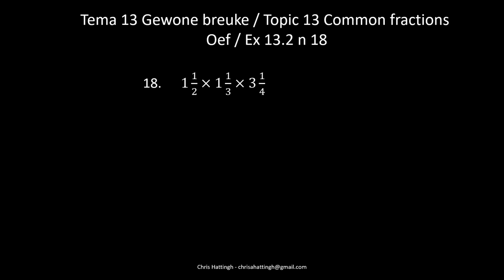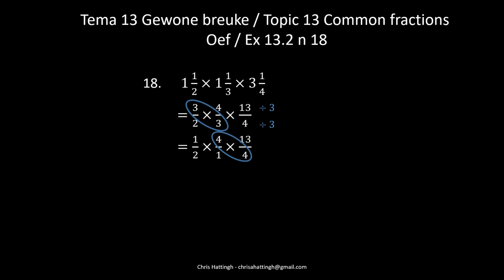Number 18. Convert the mixed numbers to improper fractions. So you'll sit with 3 over 2 times 4 over 3 times 13 over 4. You need to look if there's any way of simplifying it. Yes, you can. Divide by 3. So 3 divided by 3 gives you 1, and 3 divided by 3 gives you 1. So in the next step, you'll see that it is 1 over 2 times 4 over 1 times 13 over 4.